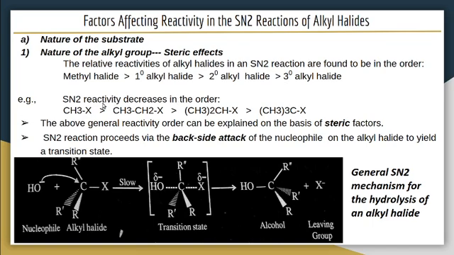So SN2 reactivity decreases in the order: methyl halide, then ethyl halide, then isopropyl halide, then tertiary butyl halide. This is the order of SN2 reactivity.